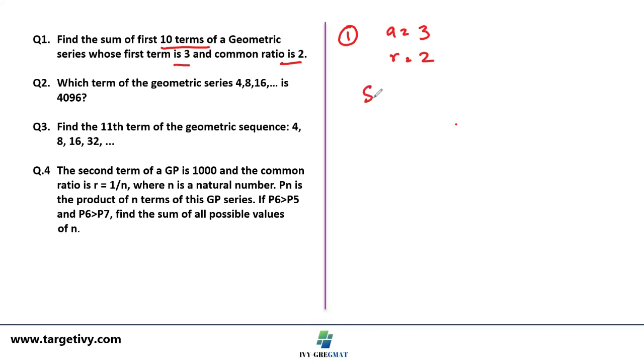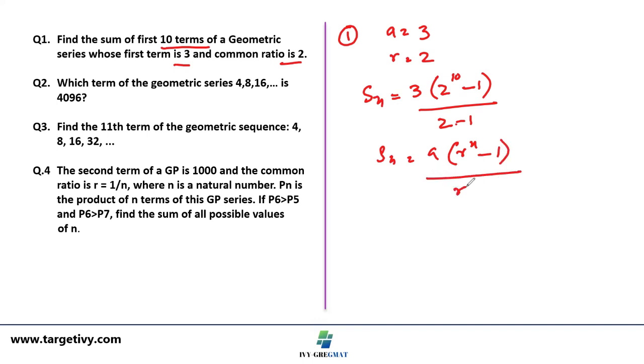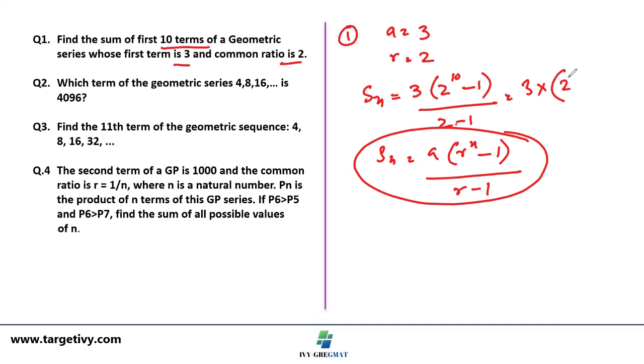We know the formula, Sn is equal to 3 into 2 to the power 10 minus 1 divided by 2 minus 1. This is nothing but Sn is equal to a into r to the power n minus 1 divided by r minus 1. So this is the formula we have used. So this is 3 multiplied by 2 to the power 10 minus 1.